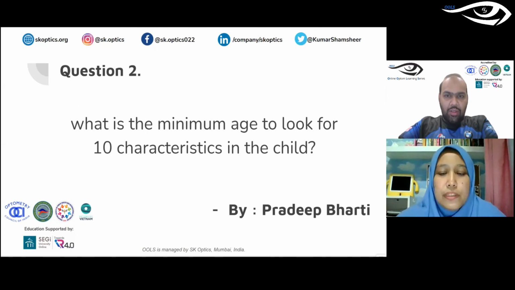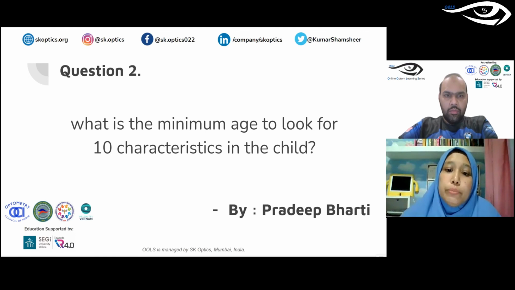What's the minimum age? Okay, so this question from Pradeep. Actually, a child as young as a newborn, you'll be able to detect and also assess the CVI characteristics, because in order for you to know whether the child has CVI, you need to refer to their normal visual milestones.